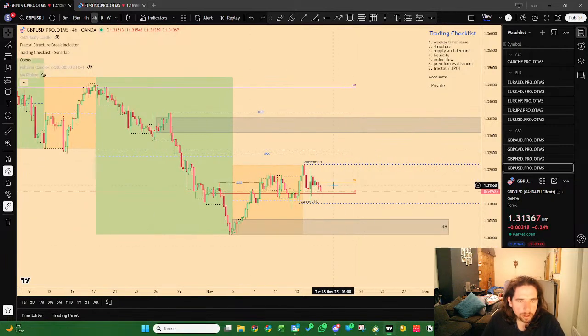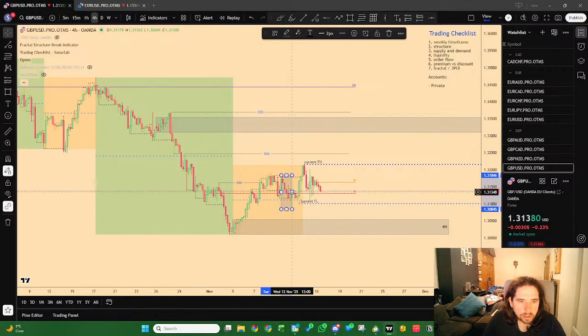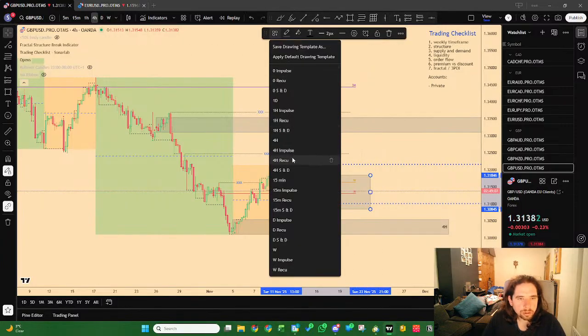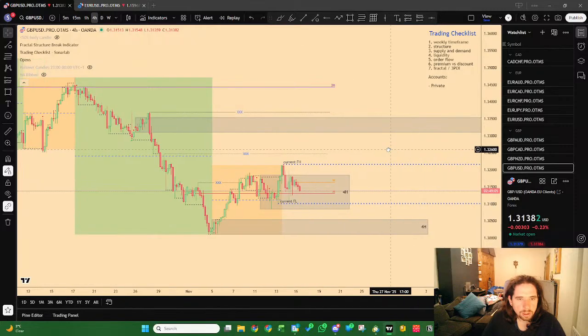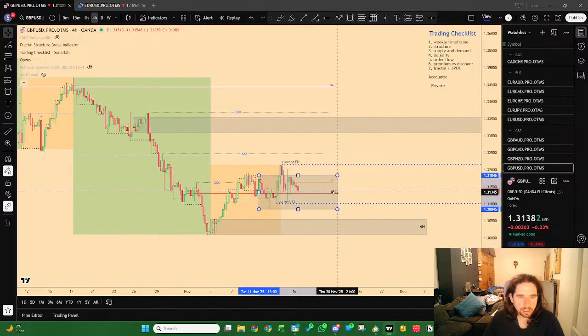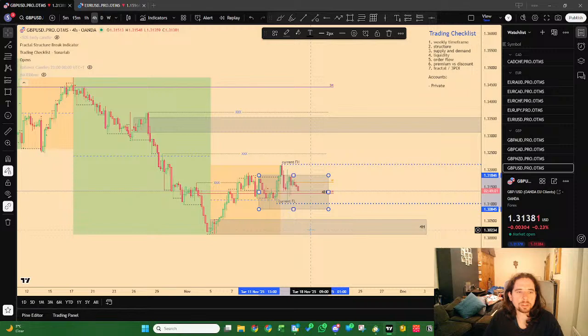Our order flow is this, roughly this area here. That area of demand is still sort of in control. It hasn't broken through that.